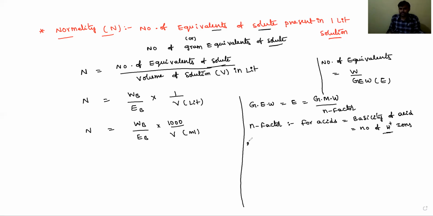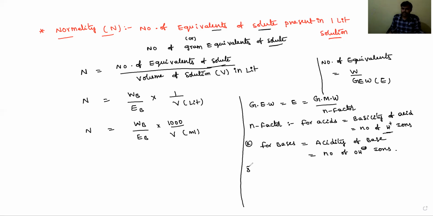For bases, the N factor is equal to the acidity of the base. Acidity of a base is the number of OH minus ions in aqueous solution.